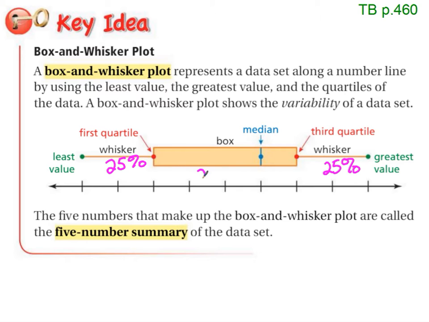And then the box represents the middle 50% of the data. 25% of the data right below the median, and 25% of the data right above the median. So basically, all of the data is divided up into fourths.